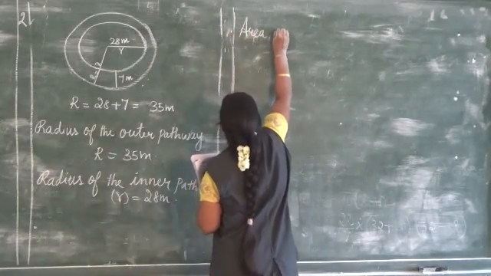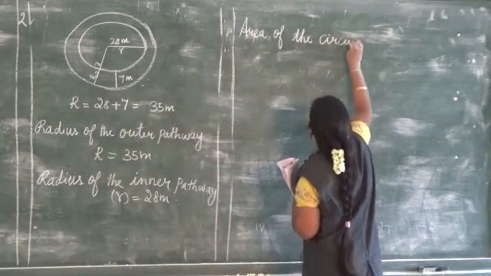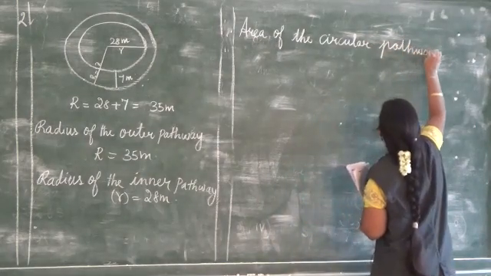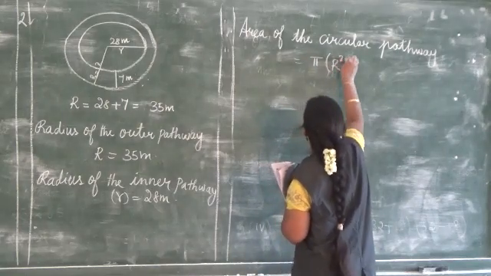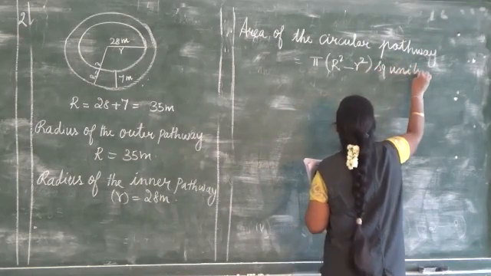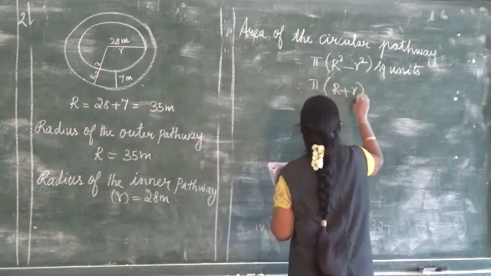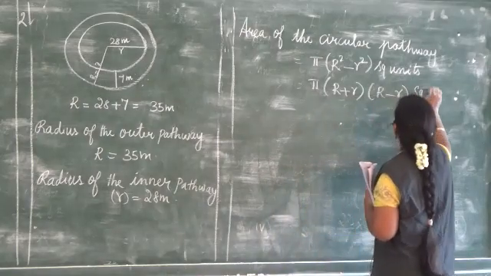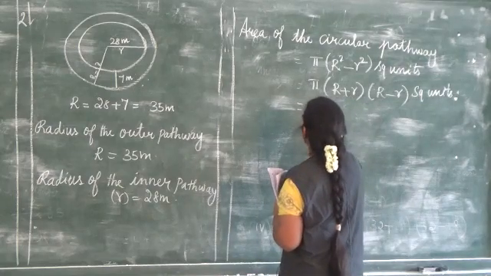Area of the circular pathway is equal to pi R square minus r square square units. So this is equal to pi (R plus r) into (R minus r) square units. So this is equal to 22 by 7.